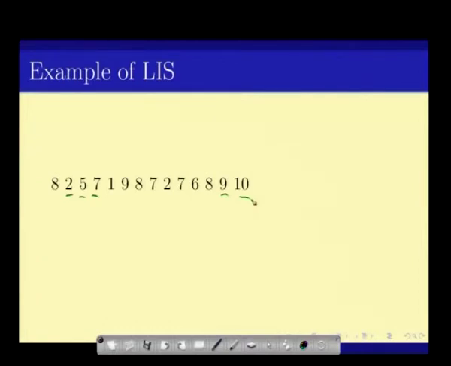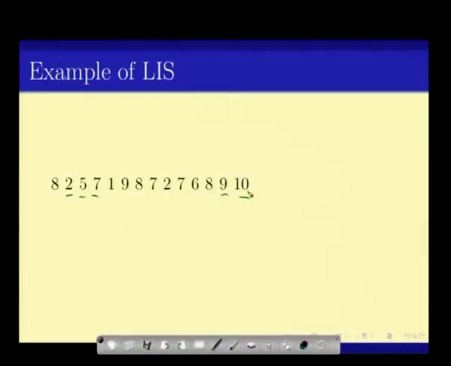Note that the earlier one had a length of 4, that means I had picked up 4 symbols. So the subsequence length was 4. In this case, I have picked up 5 symbols and the subsequence length is 5. So the goal is to find the longest increasing subsequence.